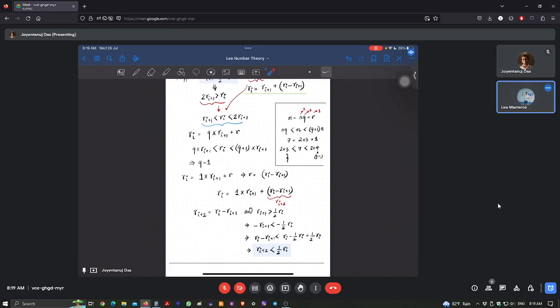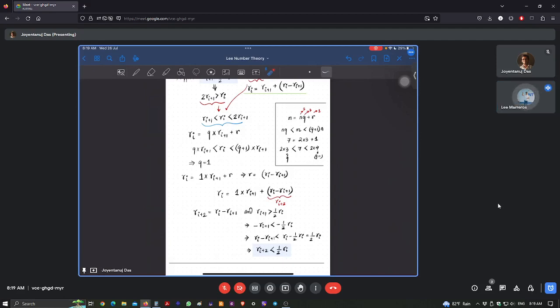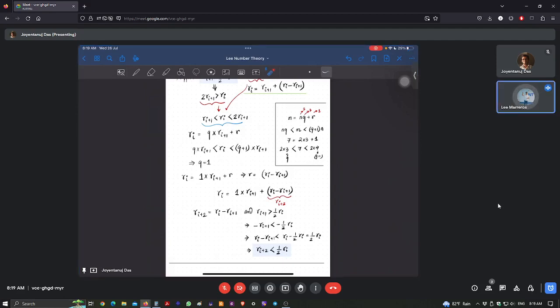Yes, Ri minus half of Ri is equal to half of Ri, because they are the same factor. And on the left, you have Ri minus Ri plus 1.